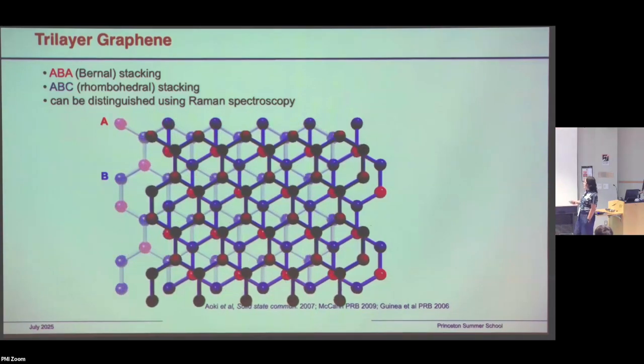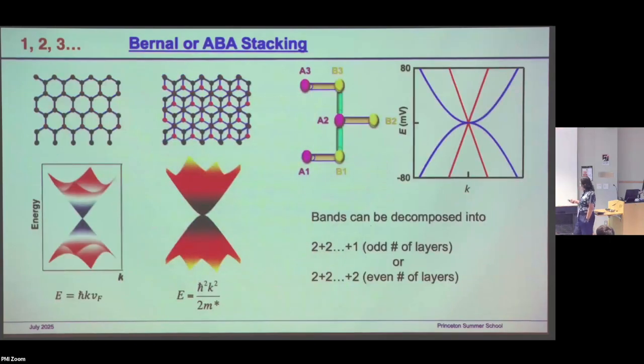Or you can shift them, so that the bottom layer and the middle layer, and the middle layer and the top layer, also form AB stacking, so that any pair of the three layers forms AB stacking. Does that make sense? Okay, so this is called ABC or rhombohedral stacking, and they can be distinguished using Raman spectroscopy.